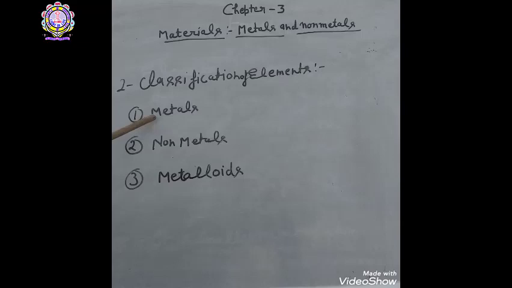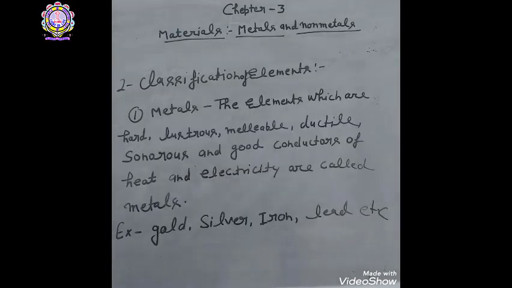First, we explain what metals are and what the uses of metals are. What are metals? The elements which are hard, lustrous, malleable, ductile, sonorous, and good conductors of heat and electricity are called metals.